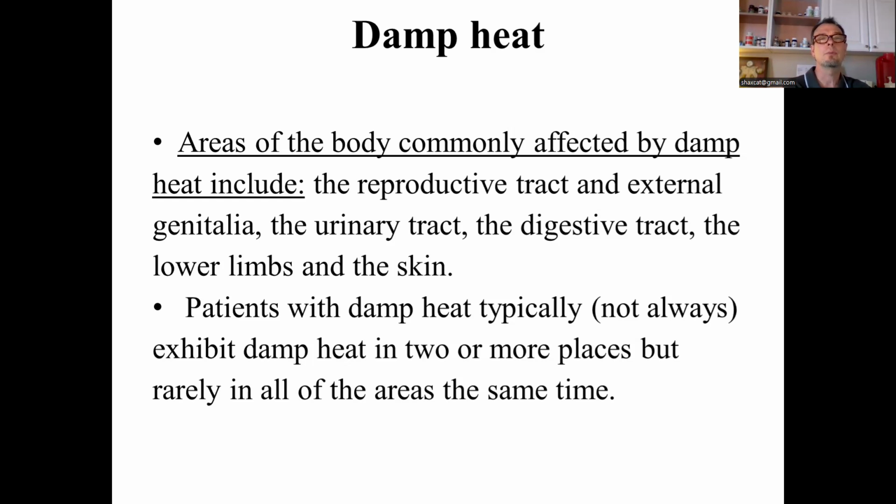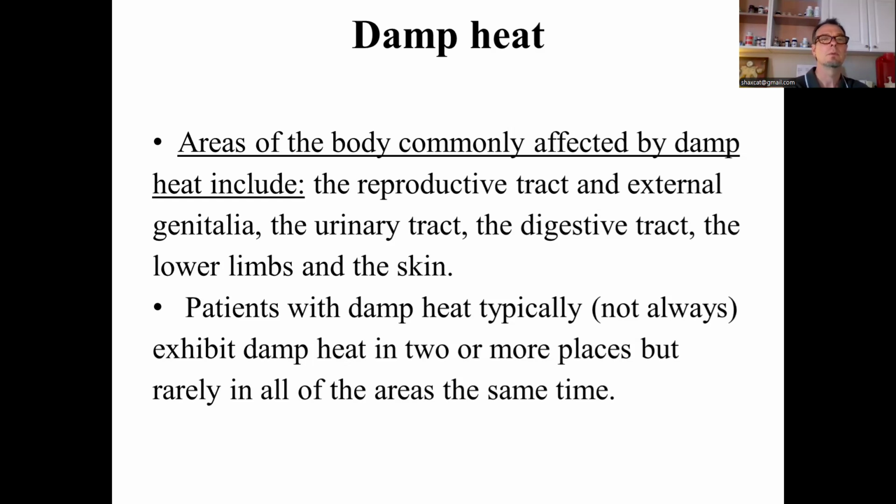And this is something that I'd included because I read this somewhere, that patients with damp heat typically, but I'll put not always, because not all of my patients that have had damp heat exhibit damp heat in 2 or more places, but it is common. But not everybody.